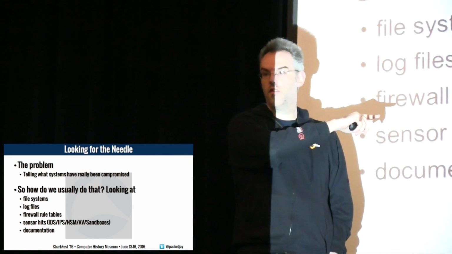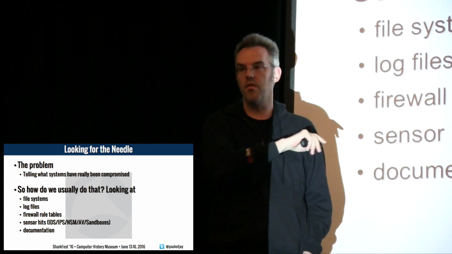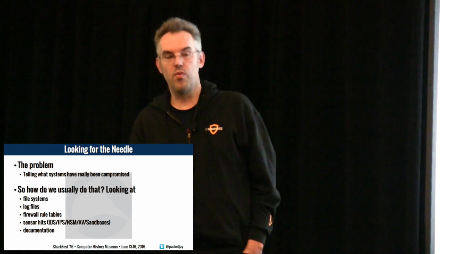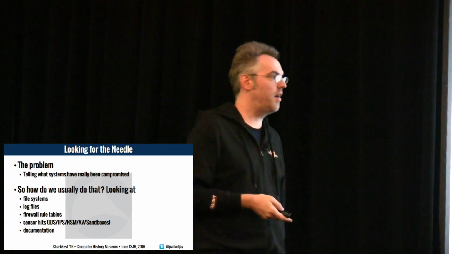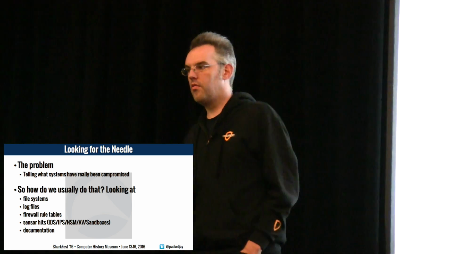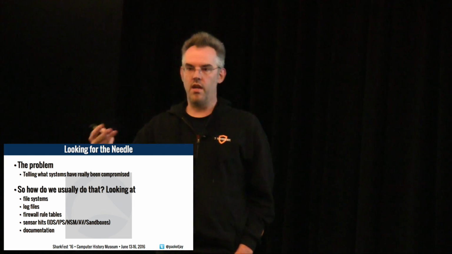AV, antivirus. AV is helping somewhat, but only against known stuff. So it will not find anything that is brand new, ever. And then sandboxes. I don't know if that is a term that you know. Basically, FireEye and those things are sitting inline again.